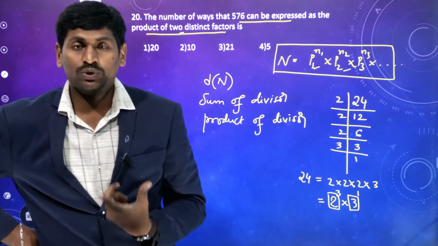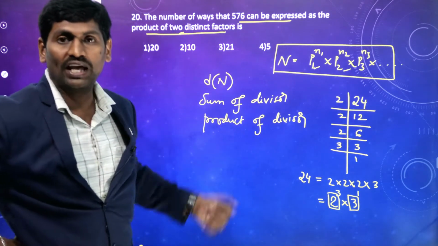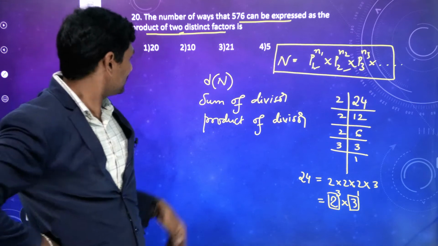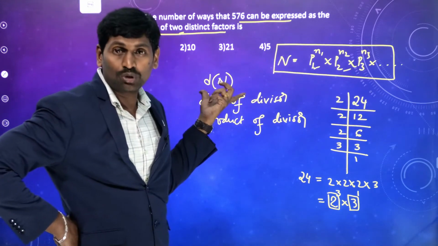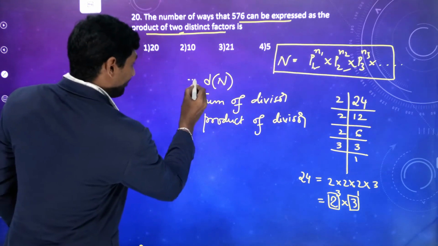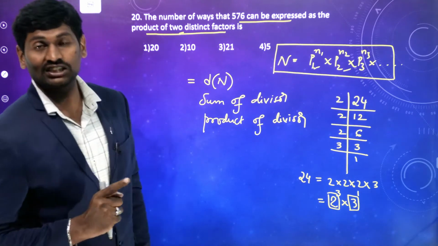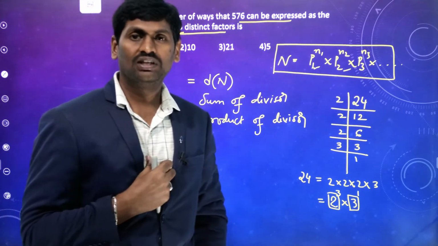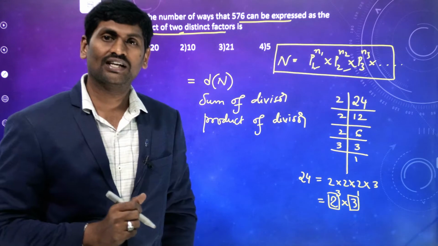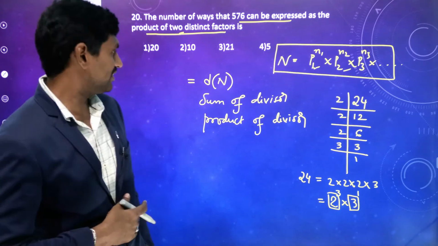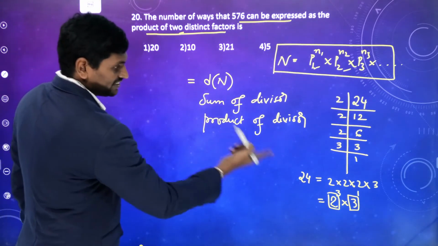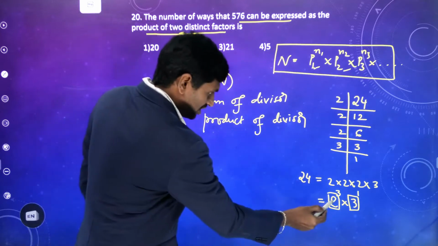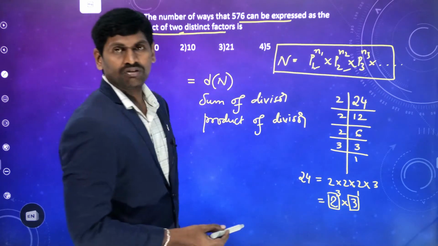Now we are going to apply the formulas one by one. First one, the number of divisors. Divisors or factors, both are the same. We discussed already, right? This number is expressed as 2 cube into 3 power 1.